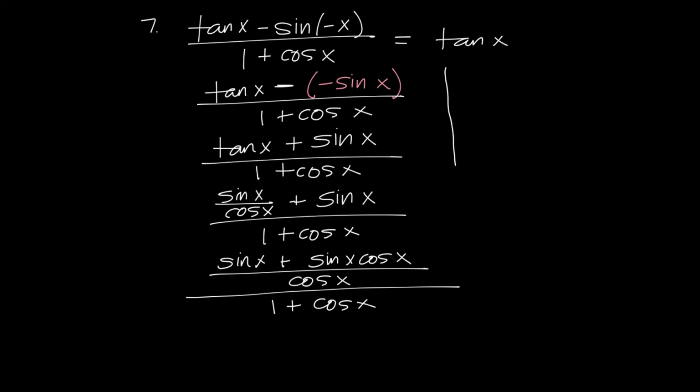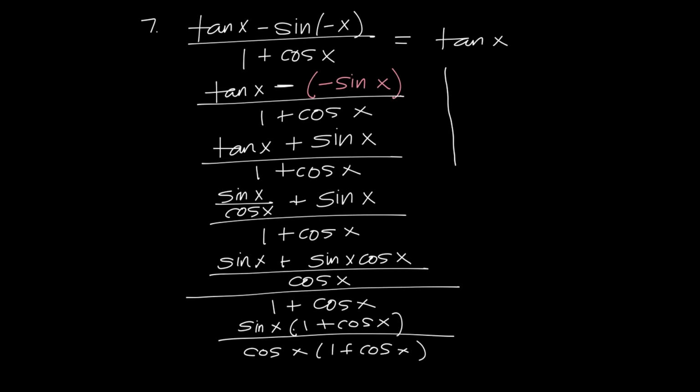Now right now it looks really messy, but it is about to clean up pretty nicely. The numerator of the numerator right now, I can factor out a sine x, leaving me with 1 plus cosine x all over, and then I can rewrite this, join the cosine x with the 1 plus cosine x.